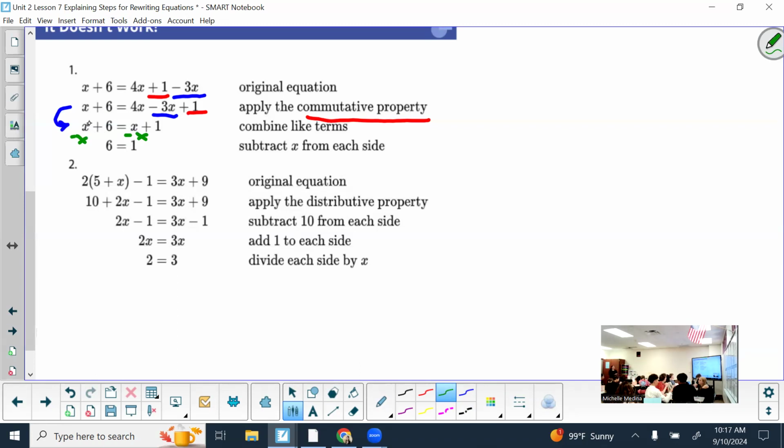It just so happens that when I do that, it cancels on both sides, because what's x minus x? So then I end up with something like this. So it's not that the work is wrong. We just evaluated it, all the work is right in this one. When you get something that doesn't make sense and no mistake was made, what's your answer going to be?